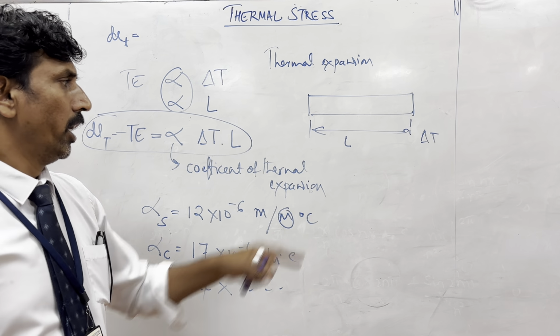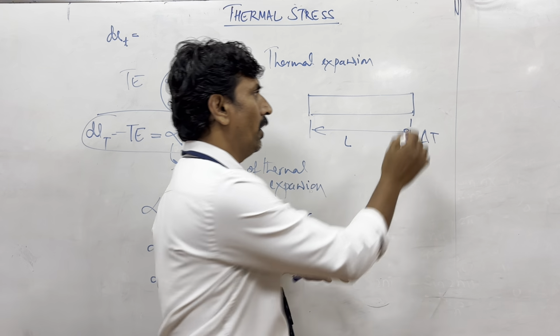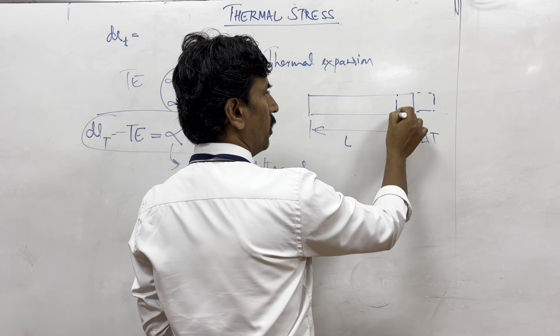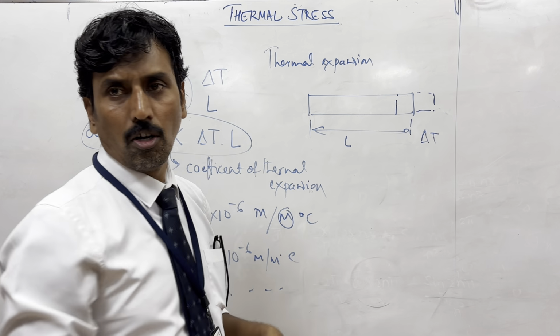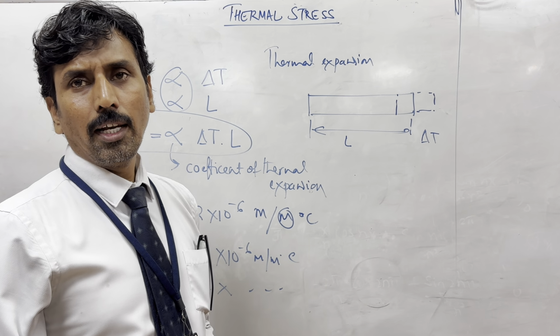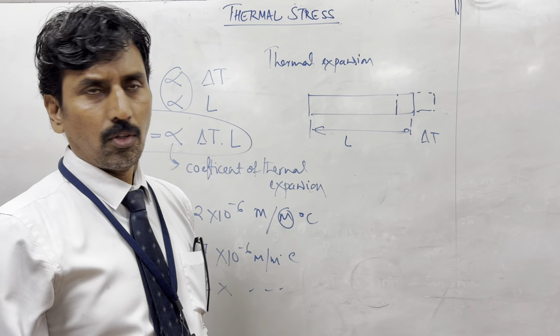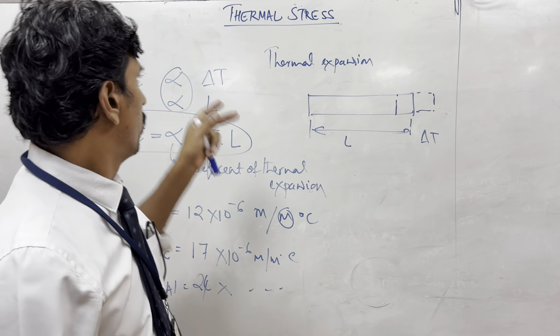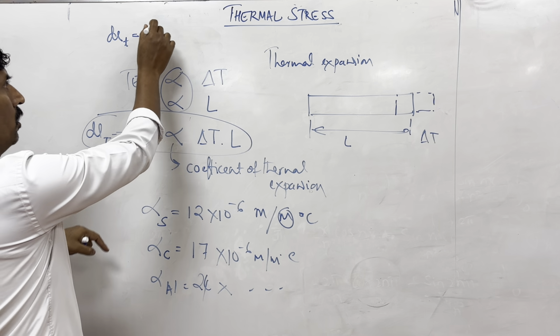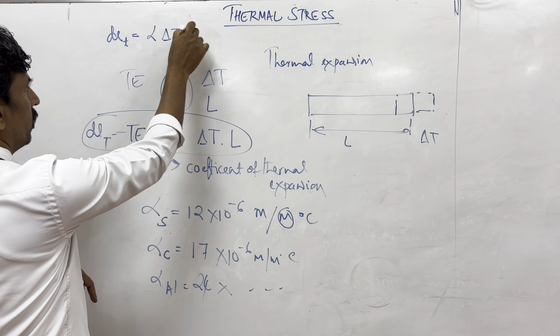If you increase the temperature, it will expand; if you decrease the temperature, it will contract or reduce its length. So both can lead to stresses in the material. The increase or decrease in length is given by the formula alpha into delta T into L.